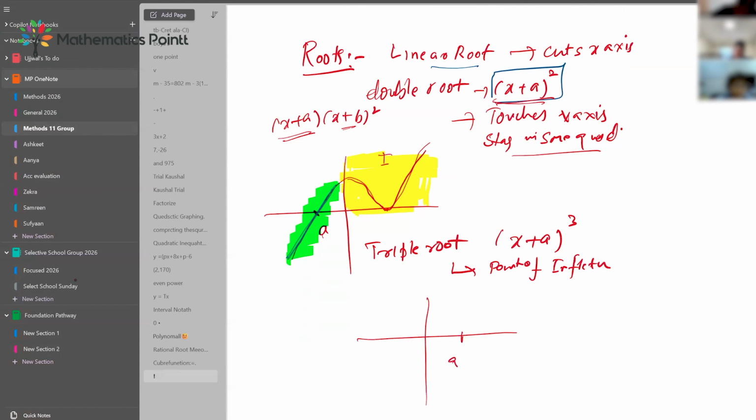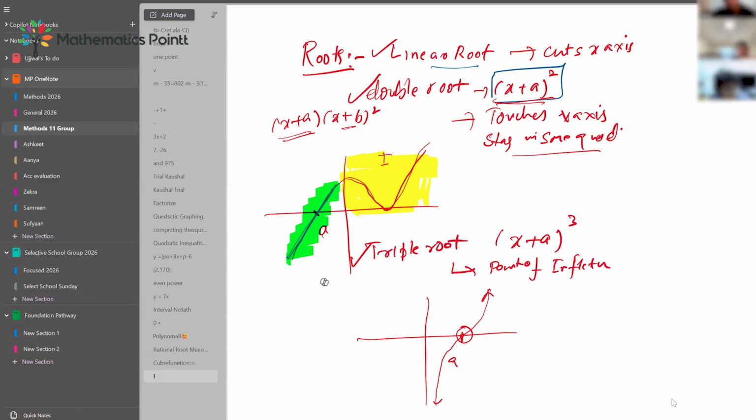If that's a, the graph will be like this, and that's the point of inflection. Now, all polynomial graphs are just a mix of these three roots. If you understand that, then you can graph any graph. The basic shape can be created.